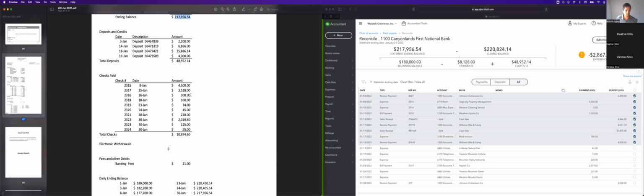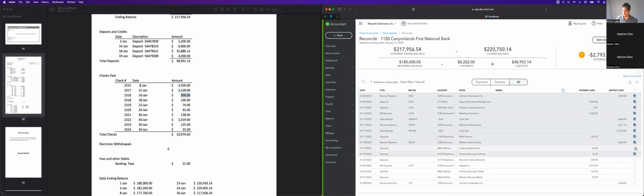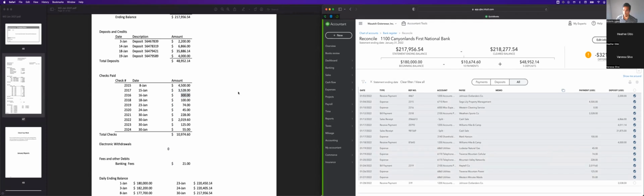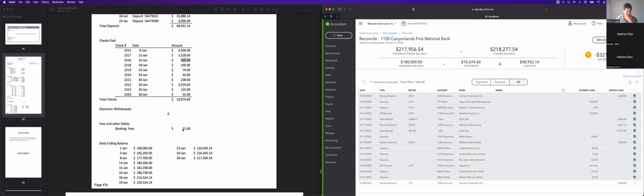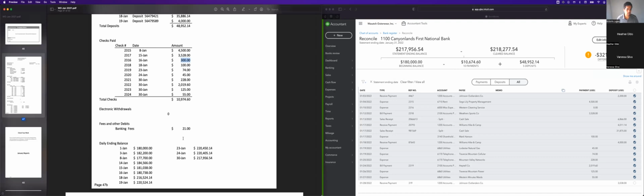We're missing this 300. 75, 74 is there. 45 is there. 228 is there. 219, 125, 55. And we're missing 300. And these banking fees of $21. So we won't have it reconcile until we have those two.